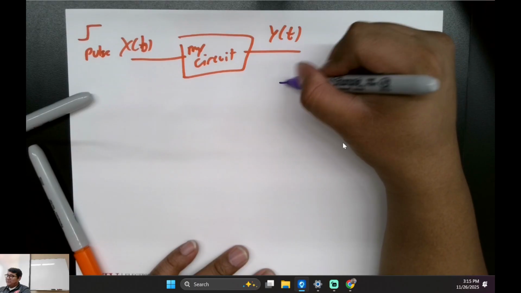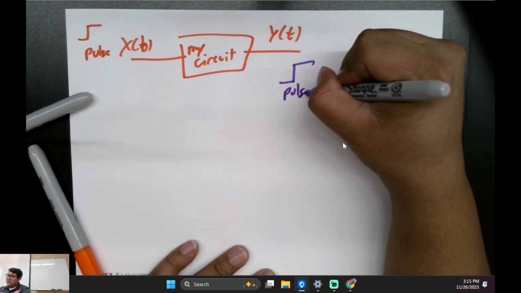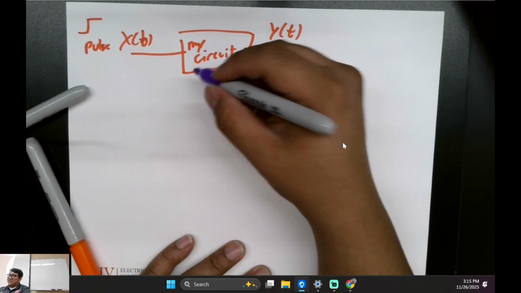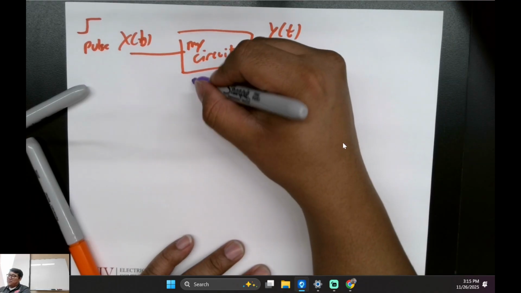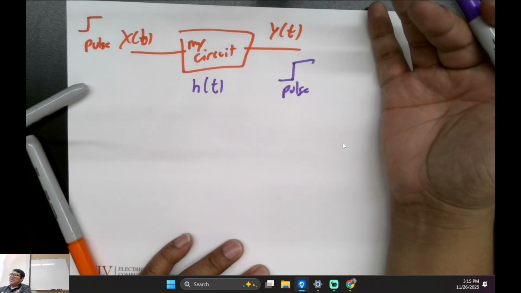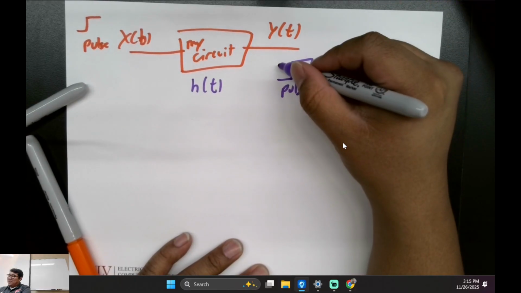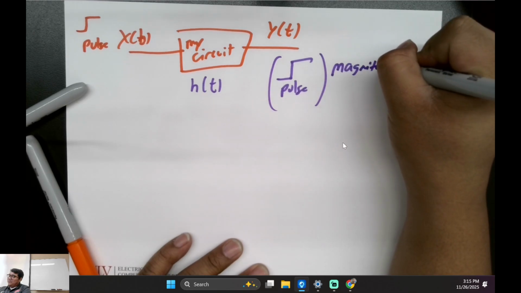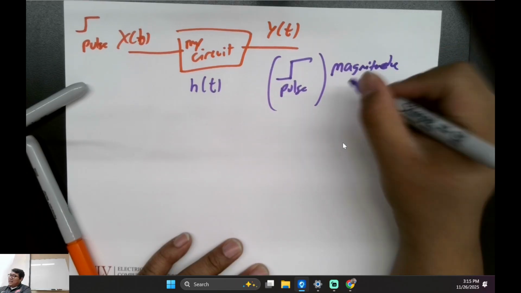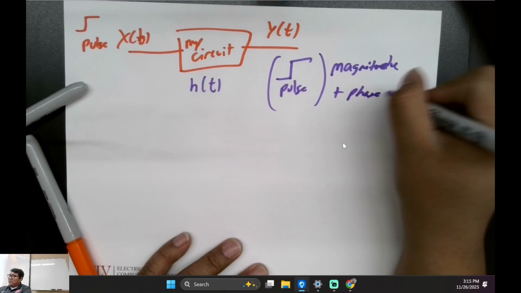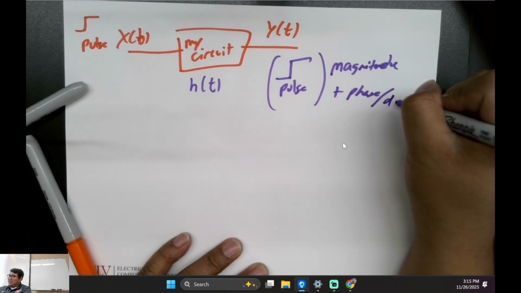However, your circuit has its own transfer function, h of t, some impulse response. It's doing something. So this pulse is going to be multiplied by some magnitude, plus some phase or distortion.